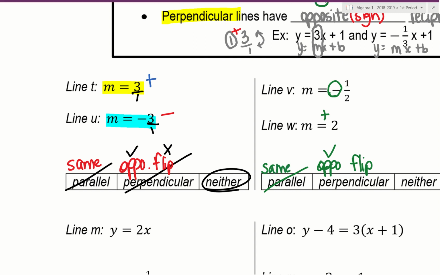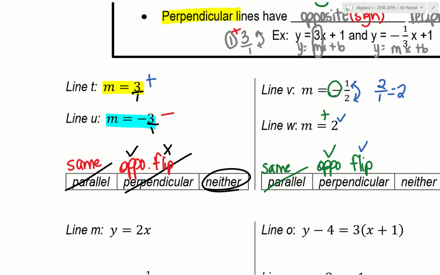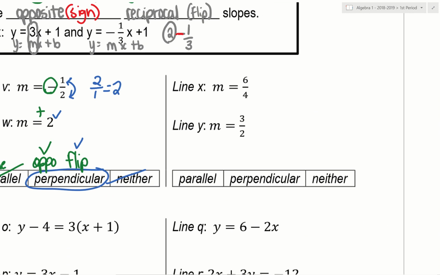Now let's go see if they're flipped, which means I've got to take one, flip it, to see if it creates the other. So 1/2 should become 2/1, which would simplify to be 2. So that is opposite. It's also flipped. Therefore, these two lines would be perpendicular.